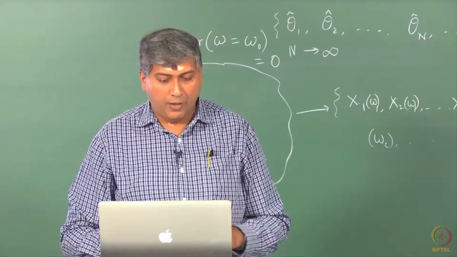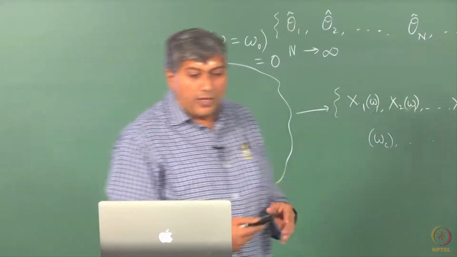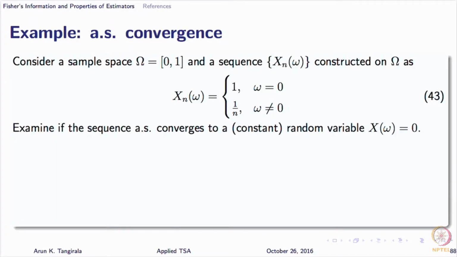Let me give you an example. Suppose my sample space is continuous valued, bounded by 0 and 1, both inclusive. 0 and 1 are also included, as you see from the square brackets. I suppose you know the distinction between using the square brackets and using the parenthesis.